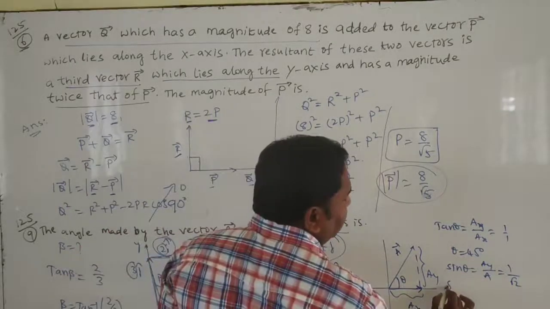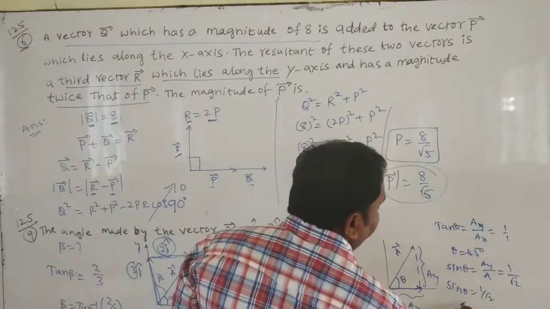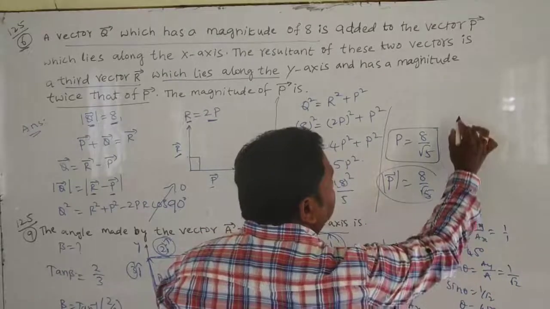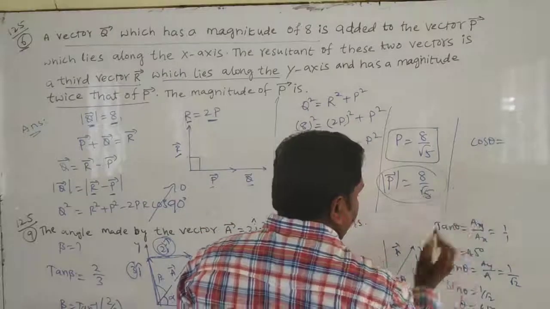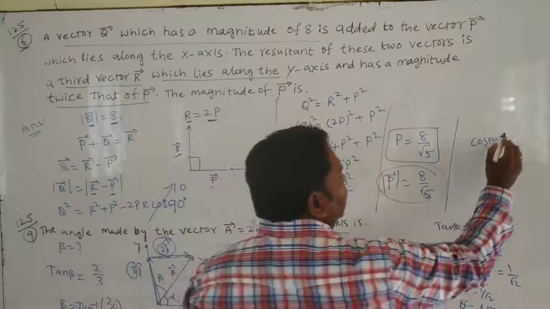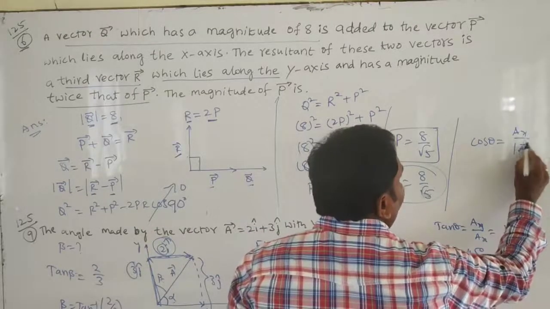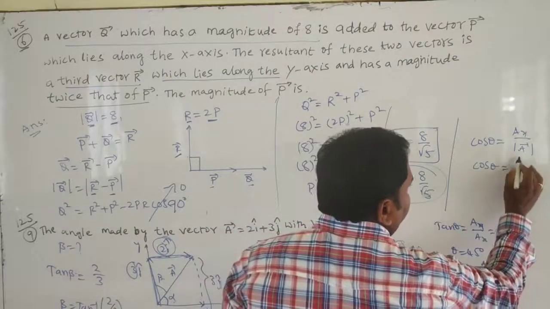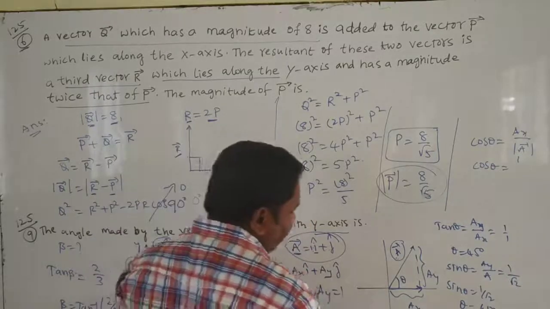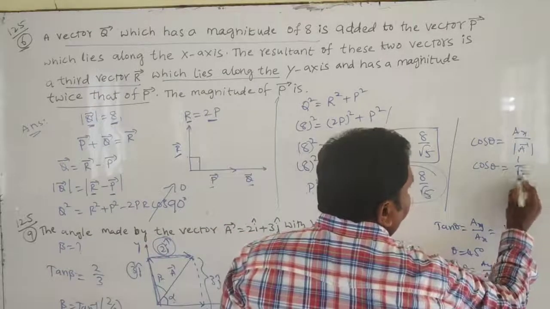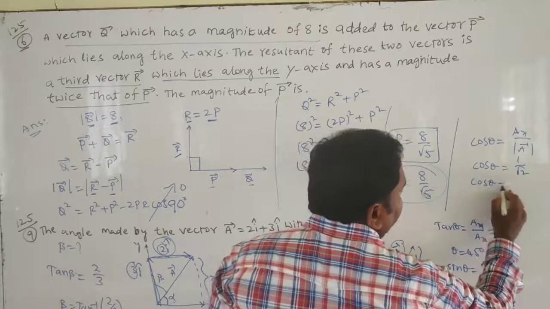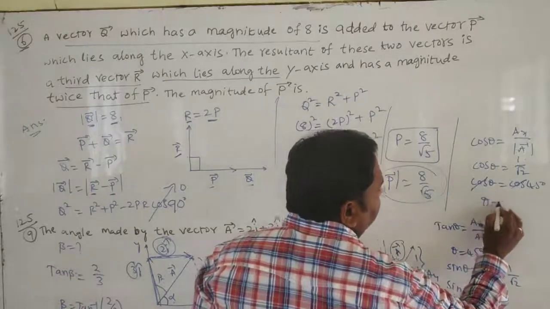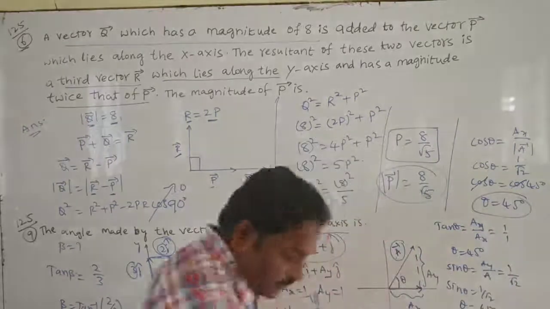So sin theta equals 1 by root 2, and theta equals 45. And another way, cos theta equals adjacent side by hypotenuse, ax by modulus of A, and we always take the magnitude. So cos theta equals 1 by root 2. Here also cos theta equals cos 45 because cos 45 is 1 by root 2. Cos gets cancelled, theta equals 45 degrees.